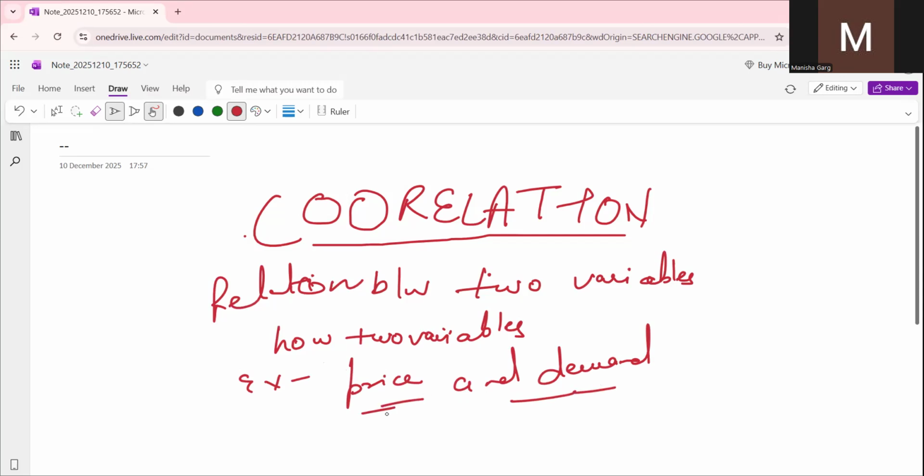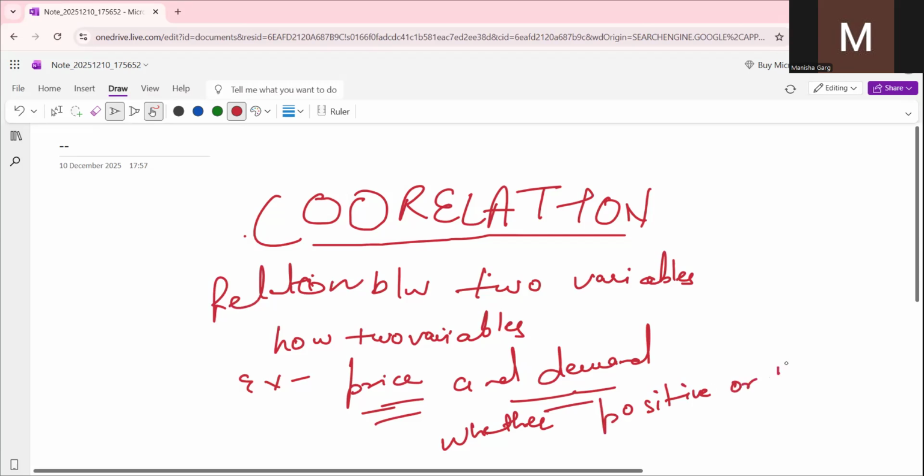This will tell us what is the relation between the price and demand, how they are related, whether positive or negative.